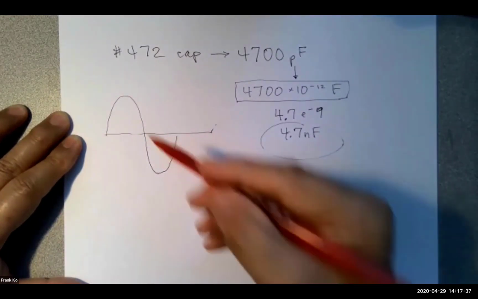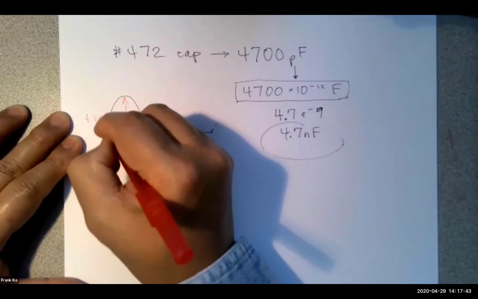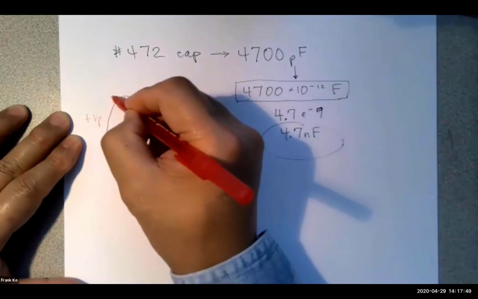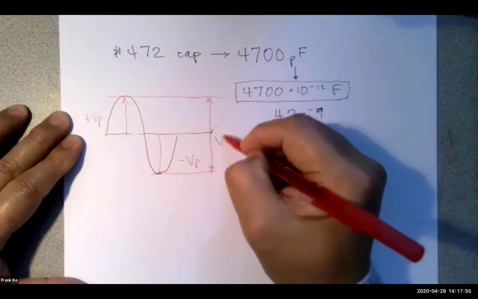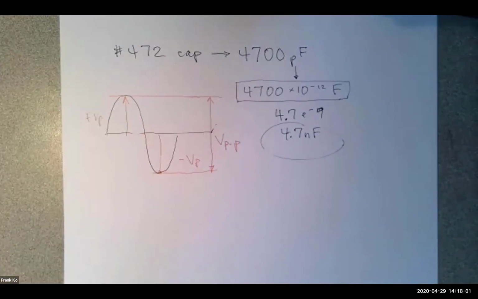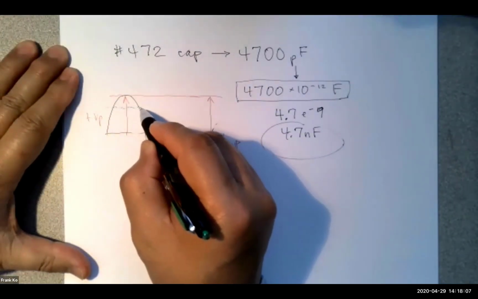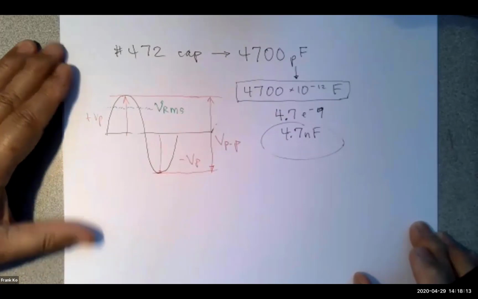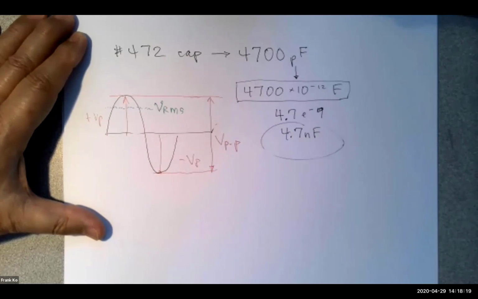And on that AC waveform we have a positive V peak, and a negative V peak, and we calculated from here down to here a volts peak to peak, and then there were two additional quantities that we brought in, and one of those is called VRMS. Remember that?